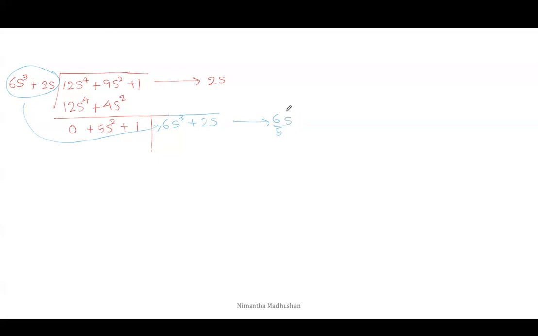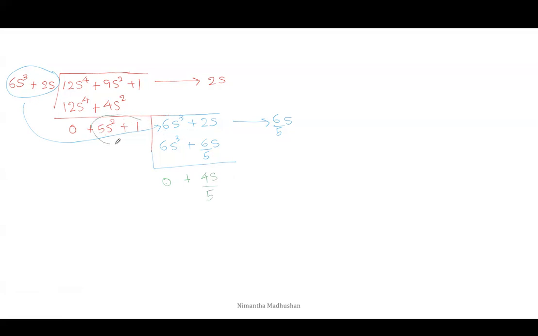Now I multiply this by this term. It is 6s cubed plus 6 over 5 s. Now I subtract these two. 0 plus 4s over 5.